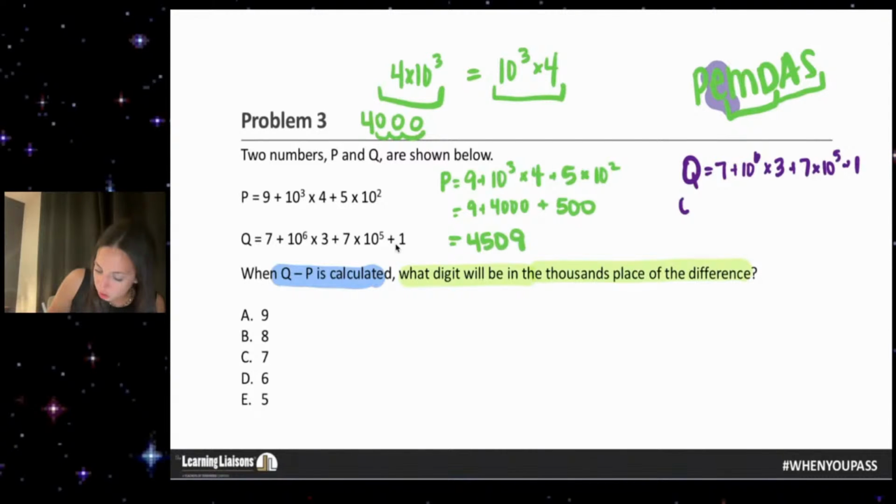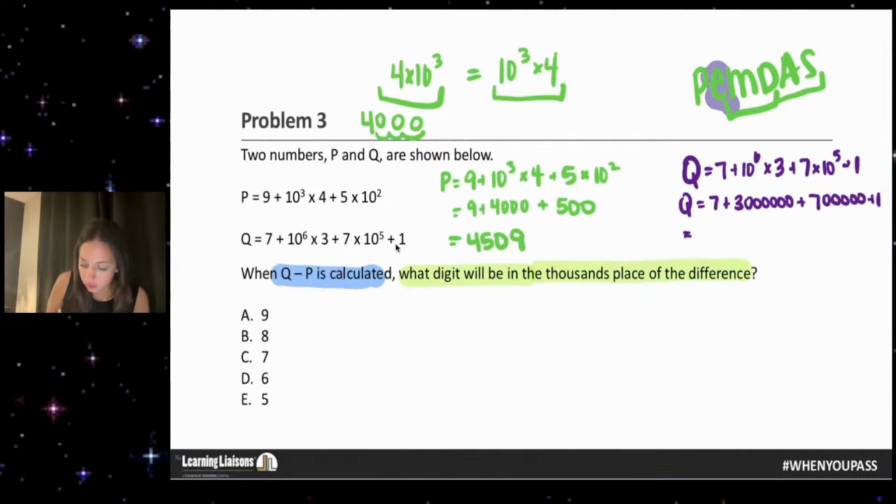And I'm going to use that same understanding with Q. So I'm going to do Q equals 7 plus 3, hop it 6 times, 1, 2, 3, 4, 5, 6, plus 7, hop it 5 times, 1, 2, 3, 4, 5, plus 1.